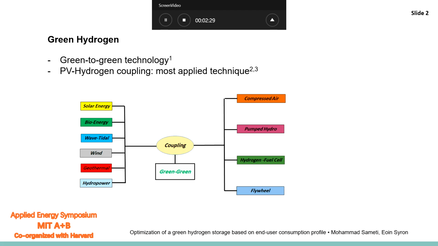The example that I just provided is one of the most applied techniques to generate green hydrogen: using electricity from PV as the input for the electrolyzer, and then generating hydrogen. And this is the concept that we use in this paper as part of our modeling.